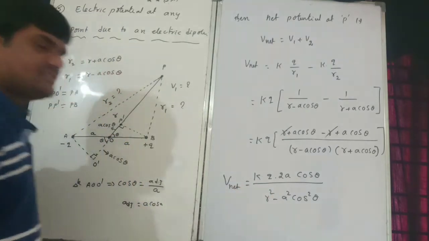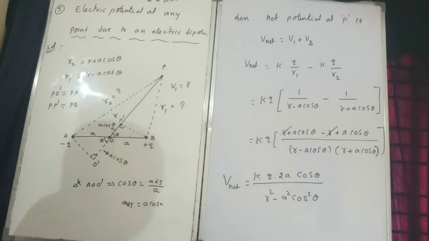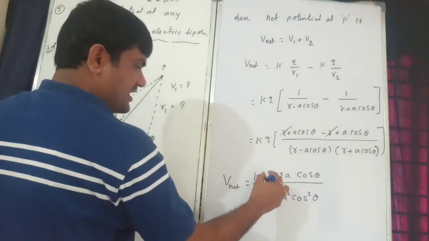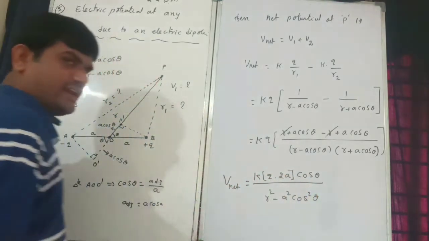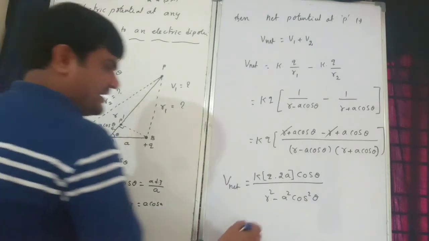This is V net. Therefore, what is the meaning of Q into 2A? Q into 2A is nothing but P, right?